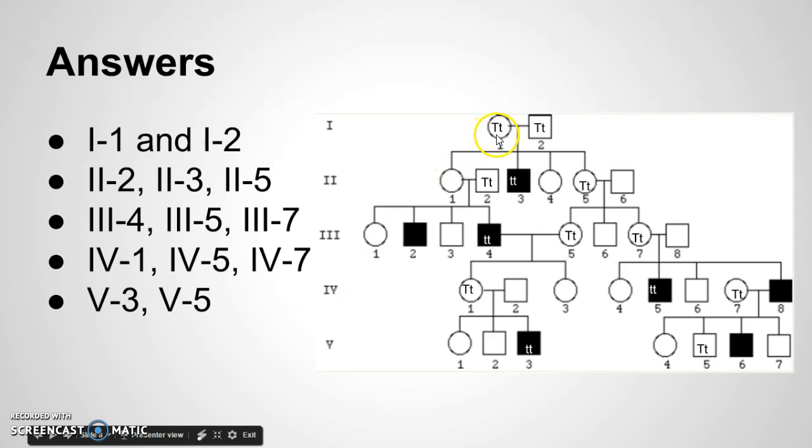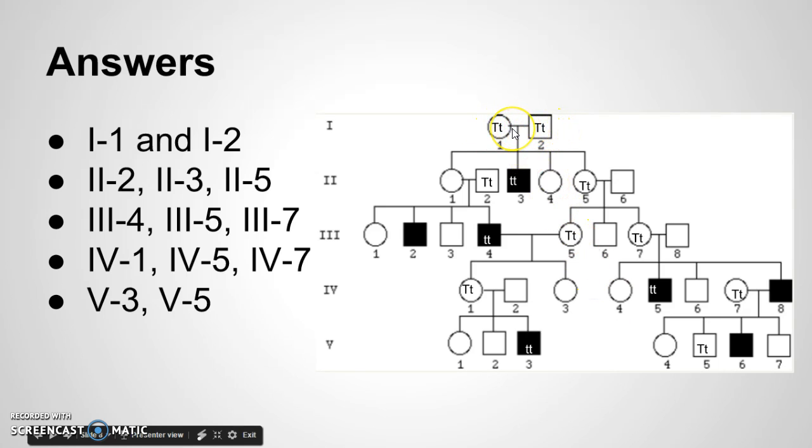For this one, we see that the mom and dad here have a child that has the disorder and is autosomal recessive. Anyone filled in is going to be little t's because we automatically know that they have the disorder and it's recessive.